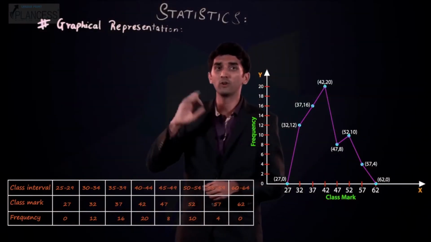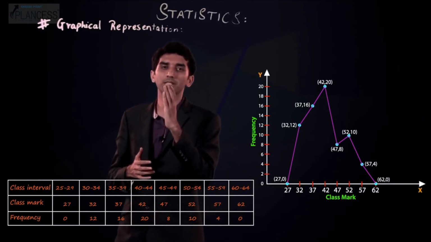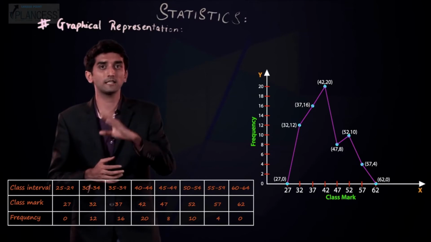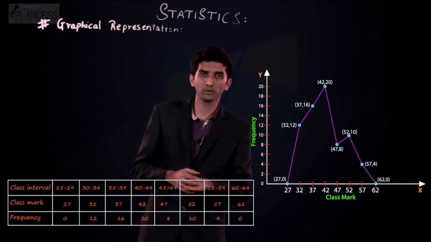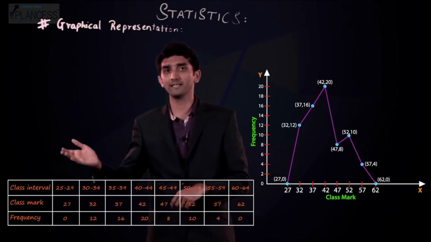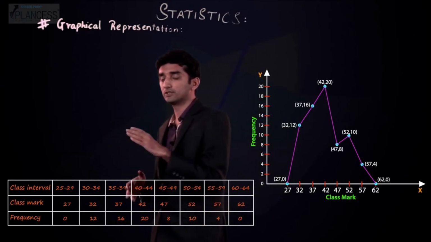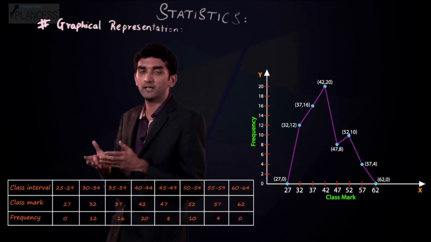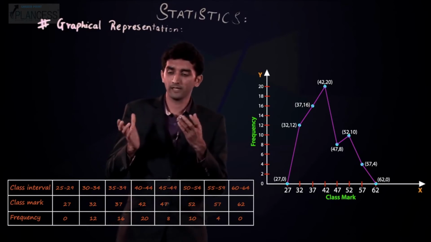So the class mark of that class is minus 5, although we can consider 0 to be the class mark for that particular class, and the corresponding frequency is 0. So 0, 0 is going to be a point, and likewise on the end we are going to take an imaginary class 50 to 60, for which the class mark is 55 and the frequency is 0. So imaginary classes have to be entertained here.